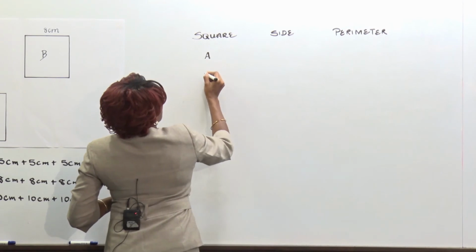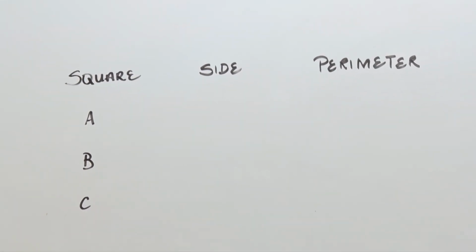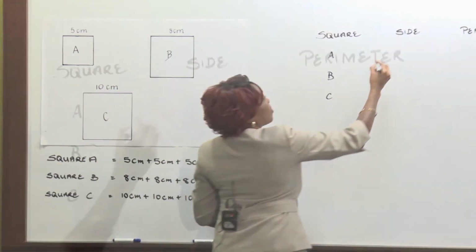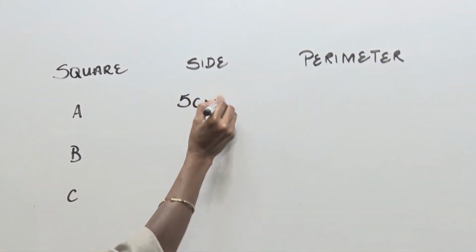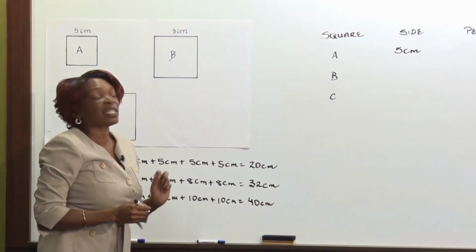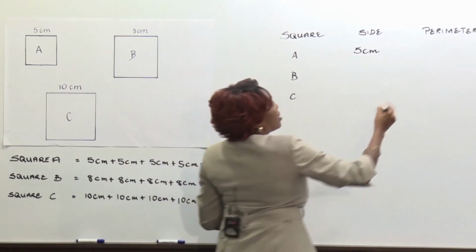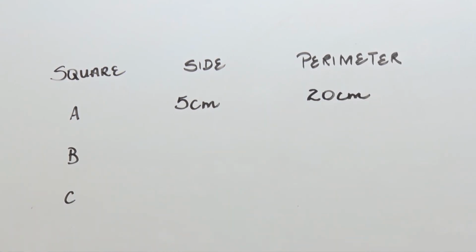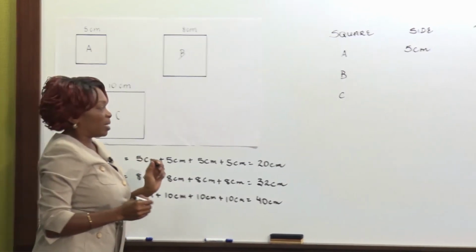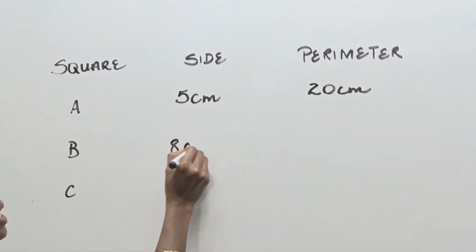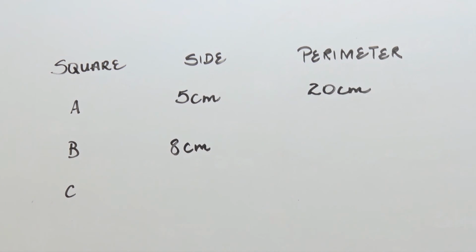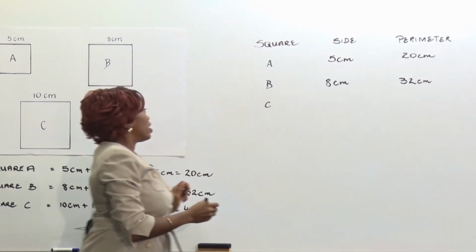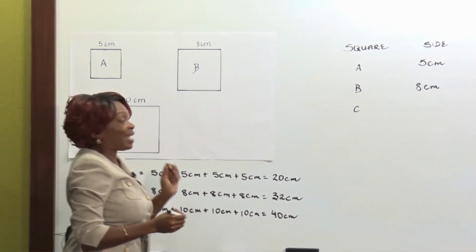Square A, square B, square C. What is the length of one side of square A? 5 centimeters. After adding all the sides, what is its perimeter? 20 centimeters. Likewise, square B, the length of one side, 8 centimeters. Its perimeter, 32 centimeters. And finally, square C, length of one side, 10 centimeters.